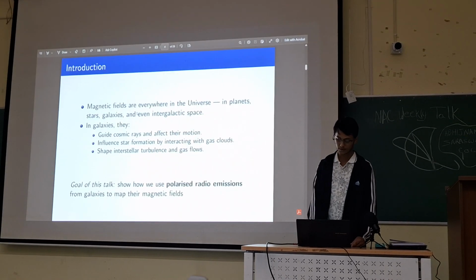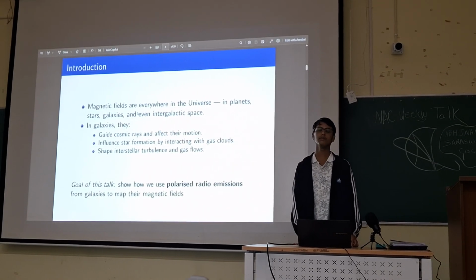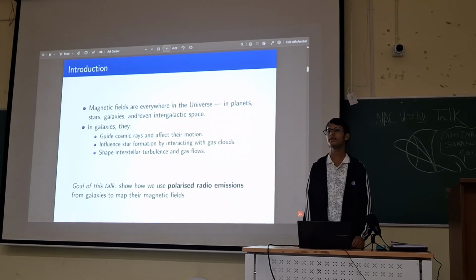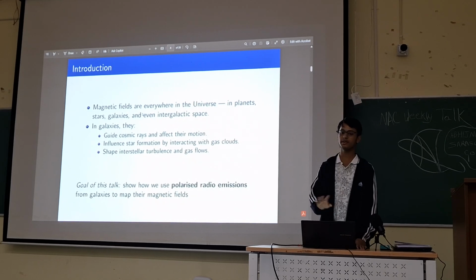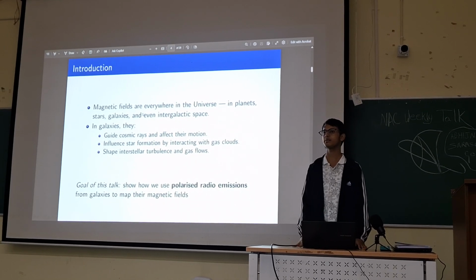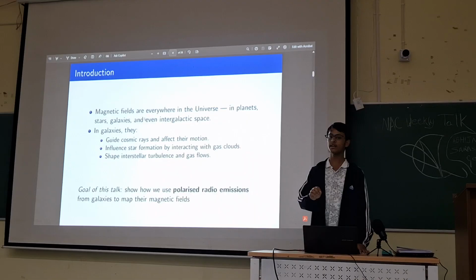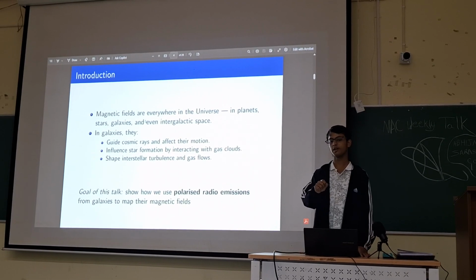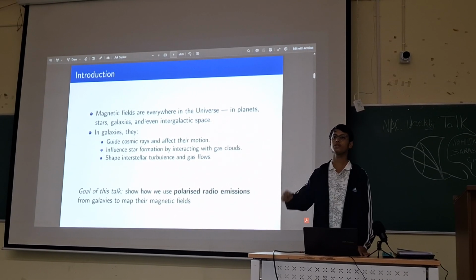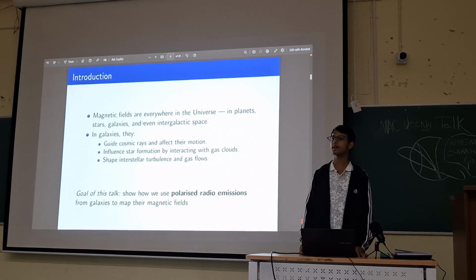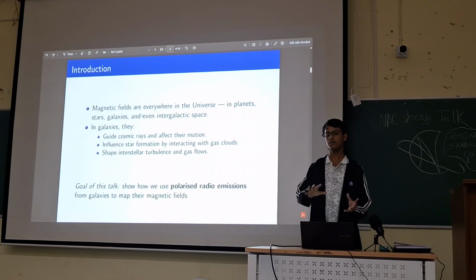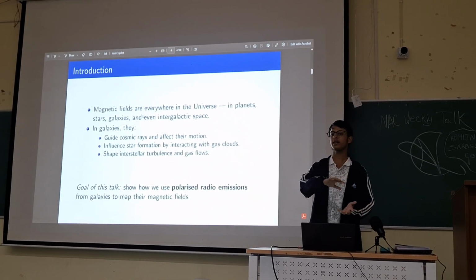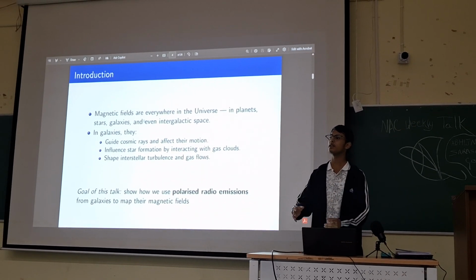To start with, magnetic fields are present everywhere in the universe. About 95% of the known matter in the universe is plasma. These ionized, charged particles are in constant motion, so they produce magnetic fields, and these magnetic fields can affect where gases clump and where stars can form.